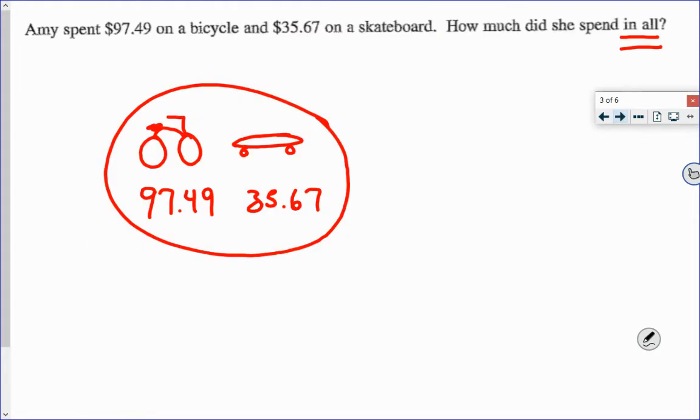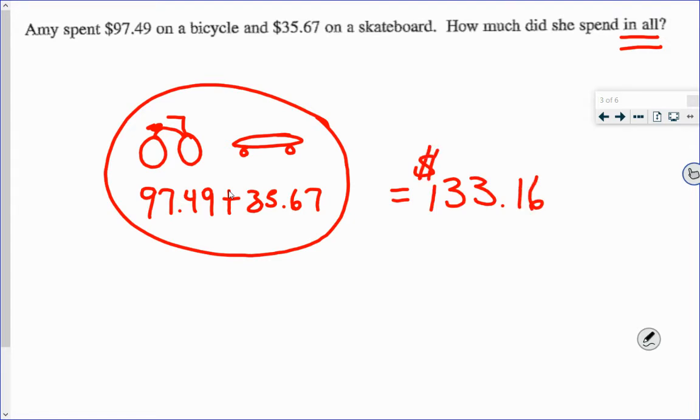So, we're going to add these two. And you're allowed to use a calculator on this problem. So, if we add 9749 plus 3567, what is our answer? You should have gotten $133.16.